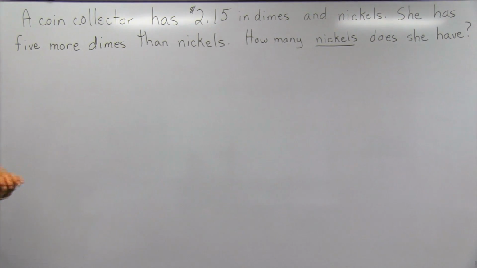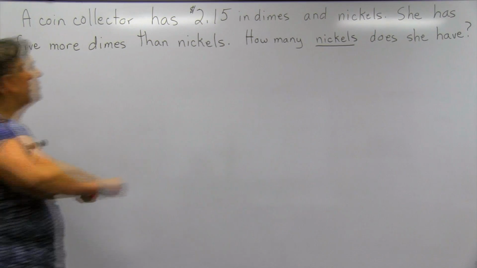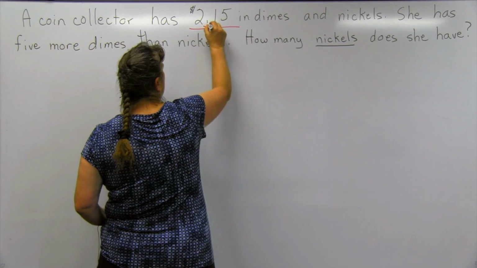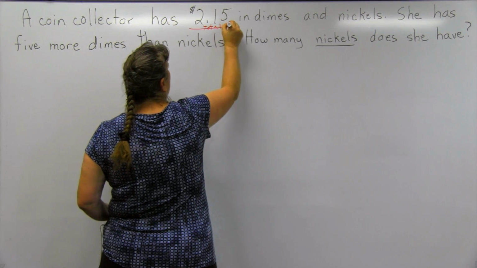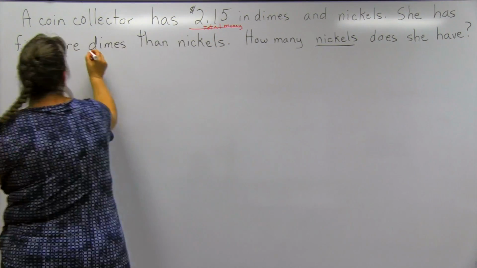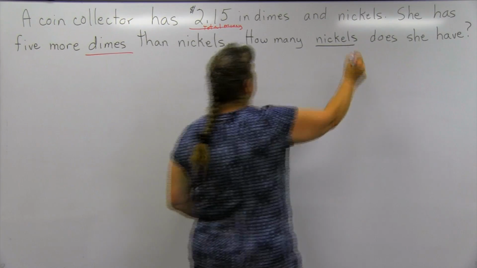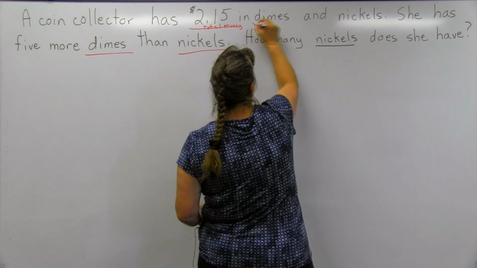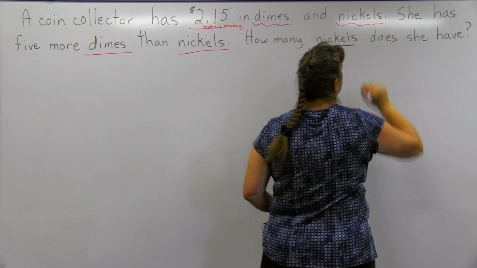So those are very important things in this problem. Let's go ahead and underline them so you can see it. We have $2.15, that's our total money, okay? And we have two kinds of coins. We have dimes and we have nickels, okay? And up here it tells us too, we have dimes and nickels.